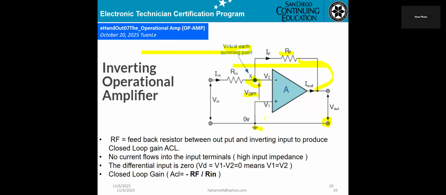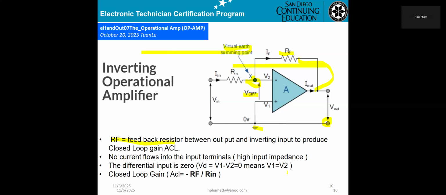Okay. So in here, they say IF is the feedback resistor between output and the inverting input to produce closed loop gain, ACL. No current flows into the input terminal, high input impedance. The differential input is zero. So VD equals V1 minus V2 equals 0.